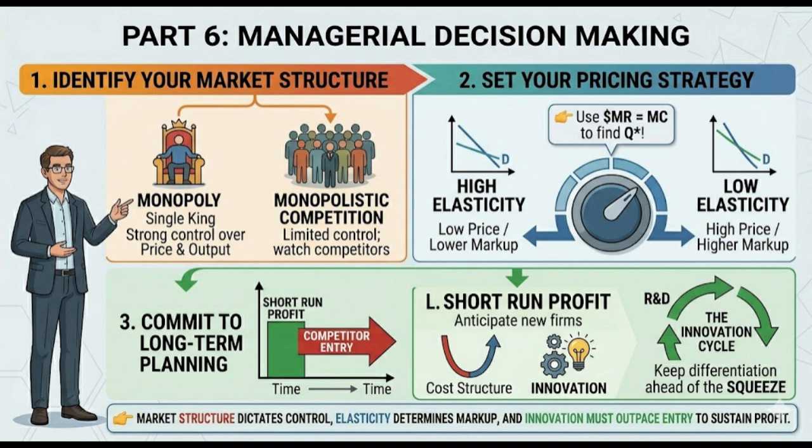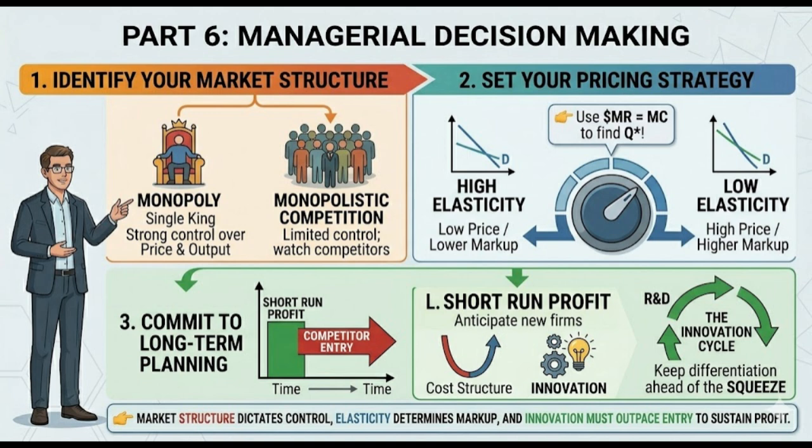In price strategy, use MR equal to MC. That's the profit maximization condition. Consider elasticity for decision making. And last but not least, third one, long term planning. Think of entry of competitors, cost structure, innovation, right? Finally, we can conclude that there is no one pricing strategy. It depends on your market power.